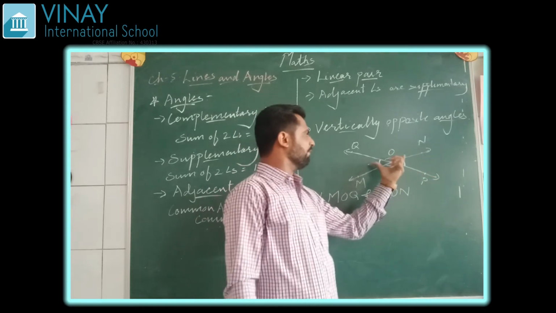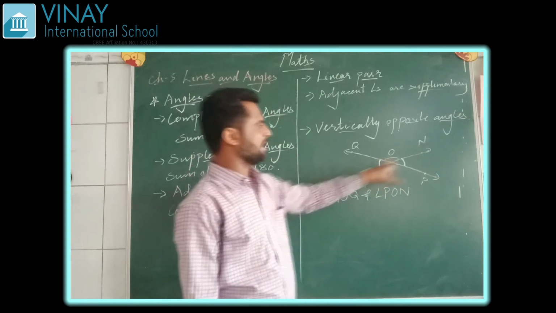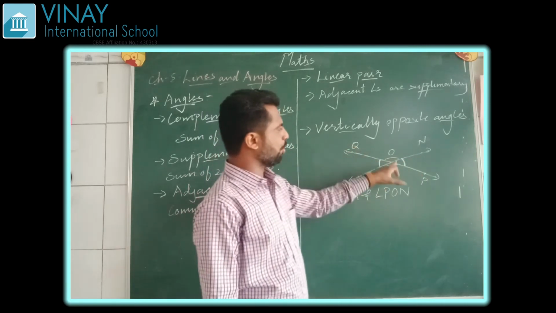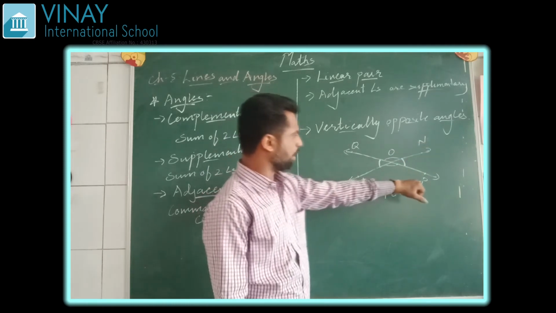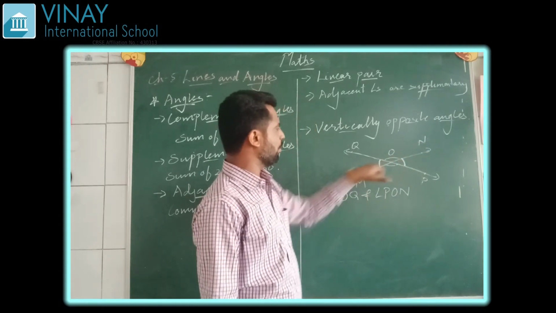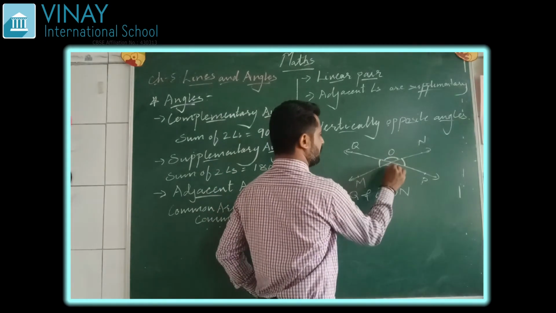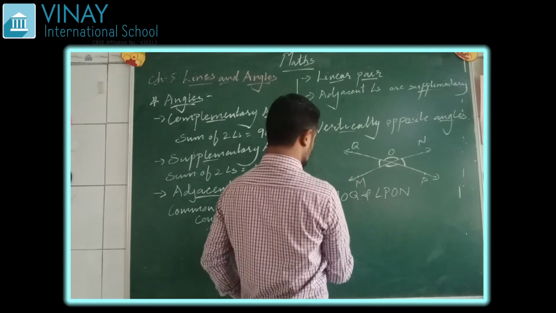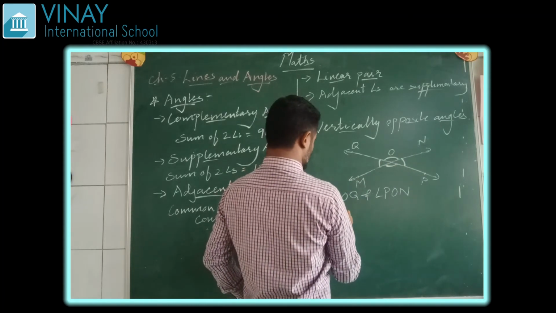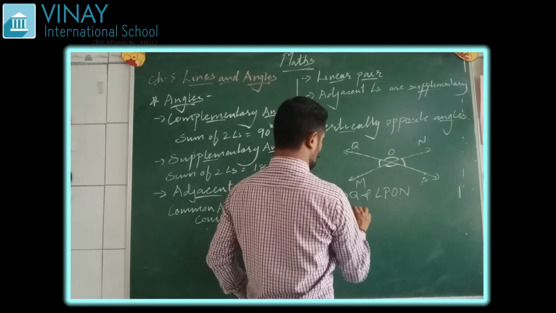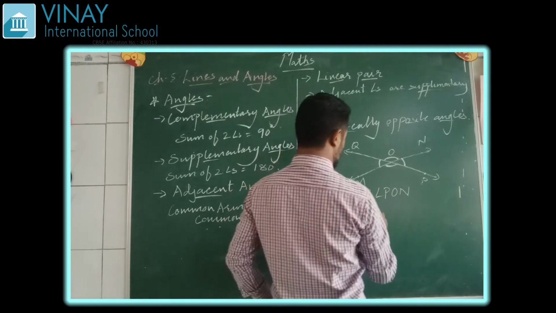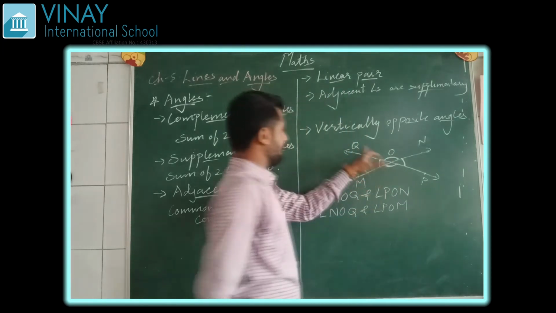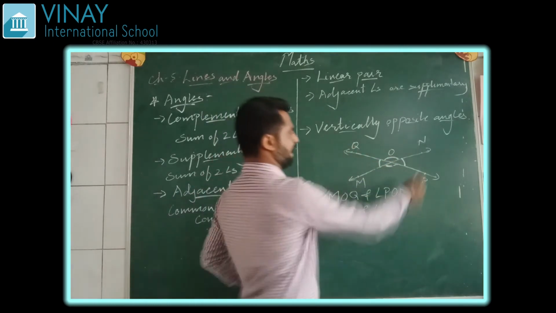In simple words, if we say vertically opposite angle, it means आमने सामने. The second one is angle QON, which is vertically opposite to angle POM.